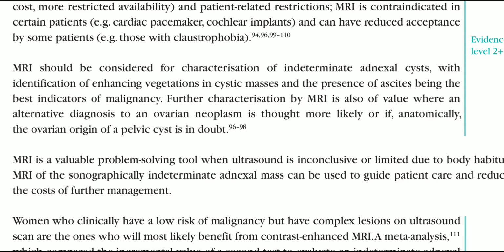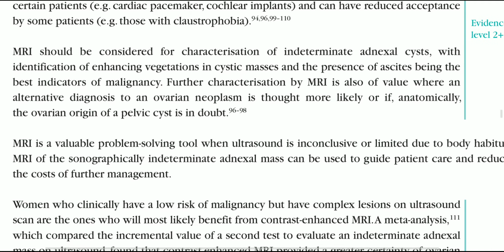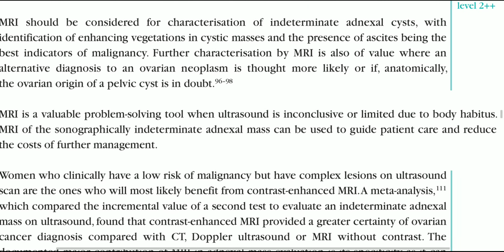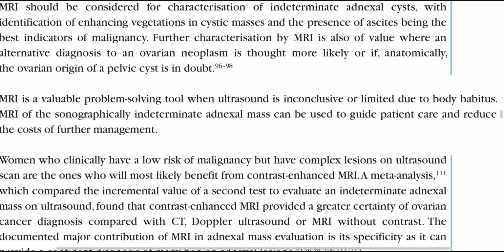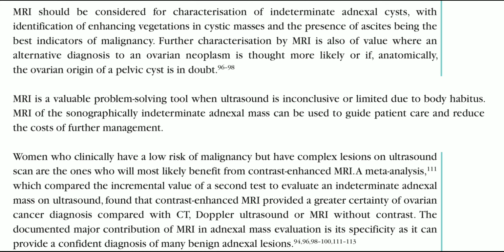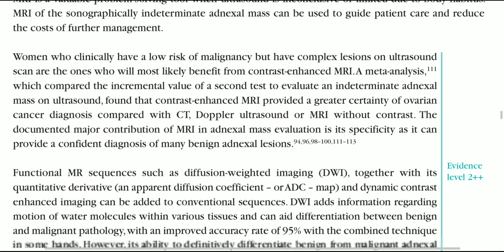MRI is a valuable problem-solving tool when ultrasound is inconclusive or limited due to body habitus, and MRI of a sonographically indeterminate adnexal mass can be used to guide patient care and reduce the cost of further management.